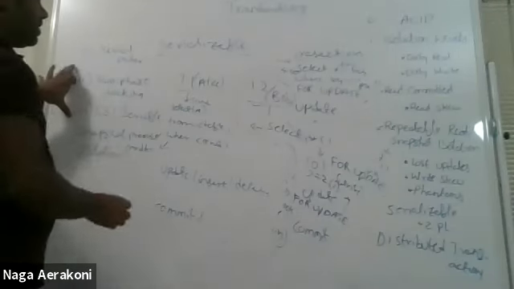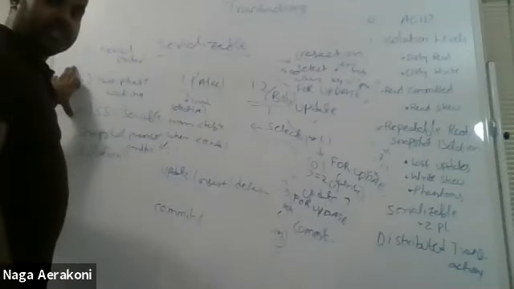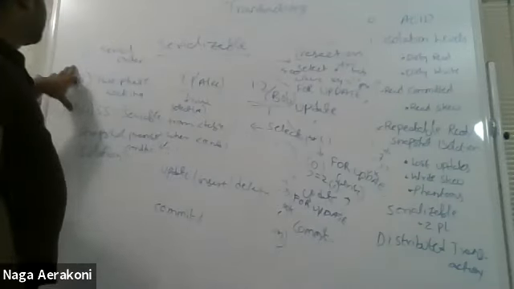These are the three ways in which serializable isolation is implemented by most databases.